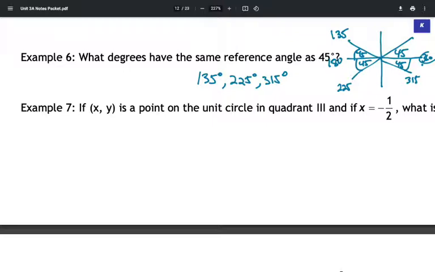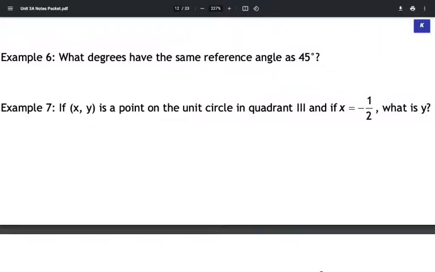Okay, next this is asking if point XY is a point on the unit circle in quadrant 3. So we have a picture here, and we know X is a negative 1/2, so we go out here a negative 1/2. And if you think about this triangle right here, and this is a unit circle, so this is going to be 1 right here.